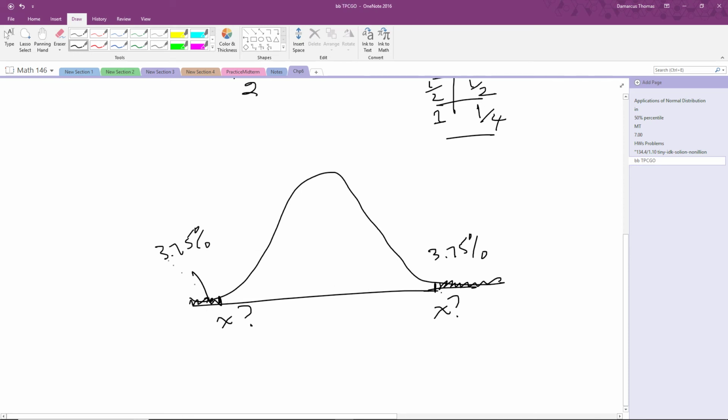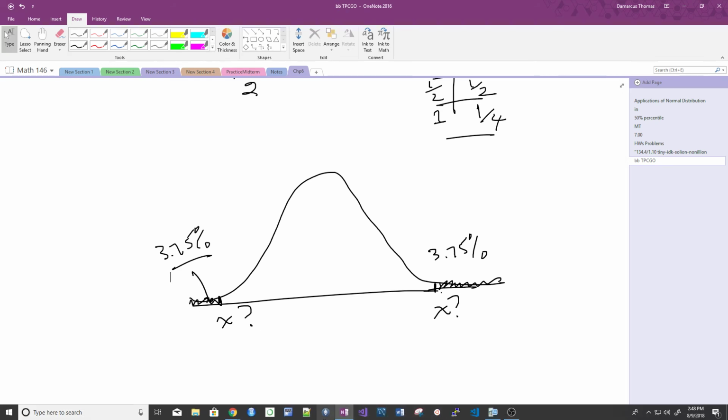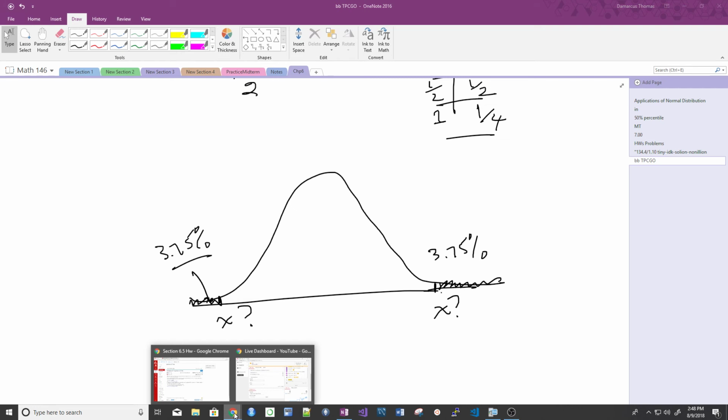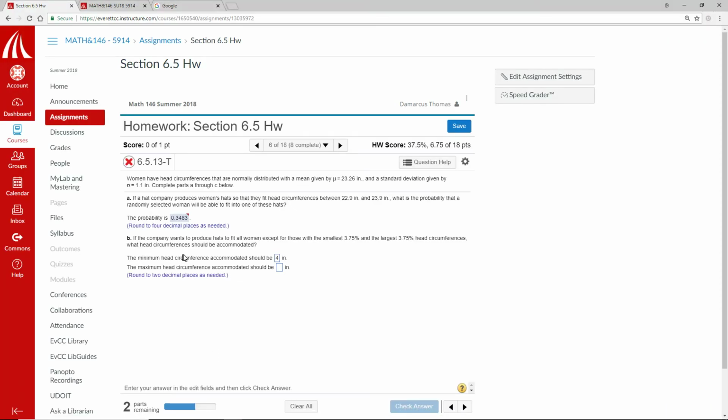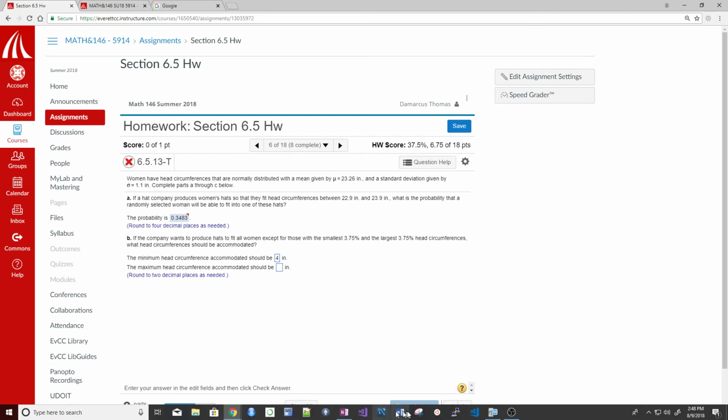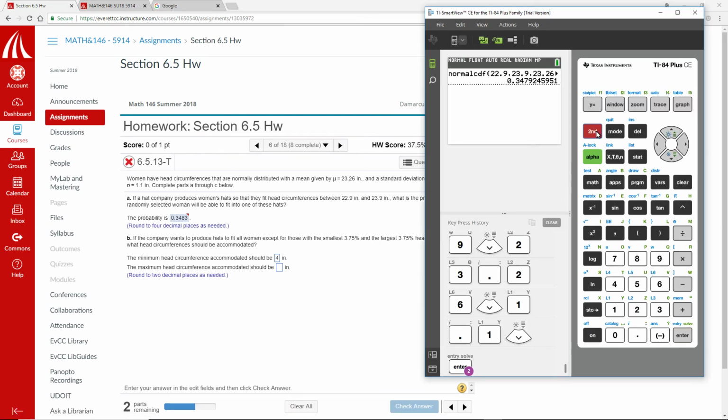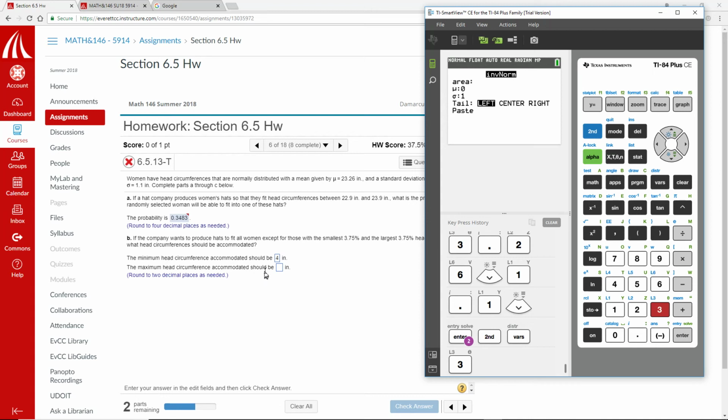I have the area, but I need to find the x, so I have to use inverse norm with this little area piece. So let's see what happens there. The minimum head circumference is the bottom 3.75%. So we'll take out that calculator, and we're going to go with second, distribute, go down to number 3, and it's the area to the left.